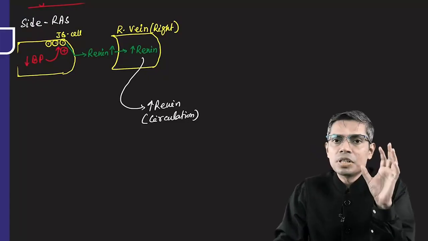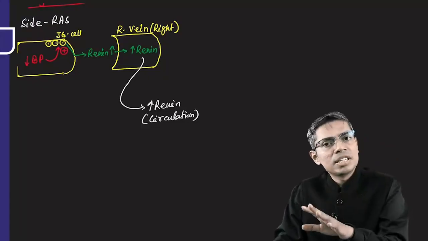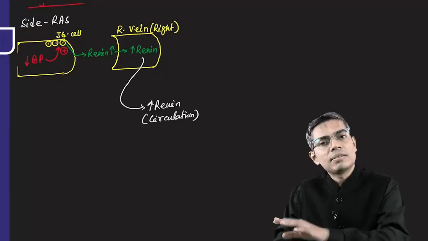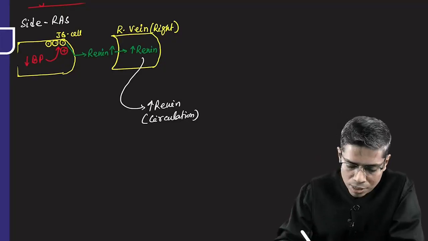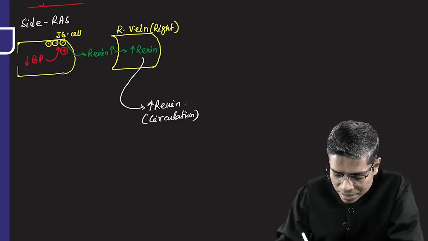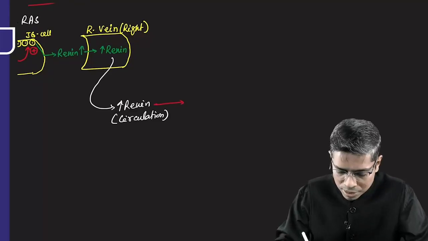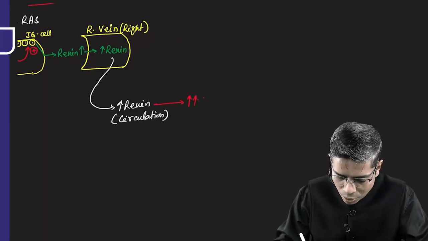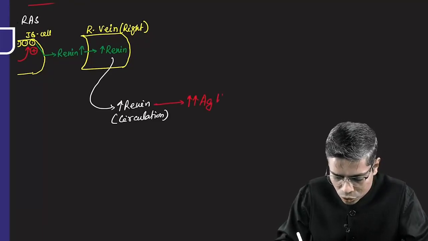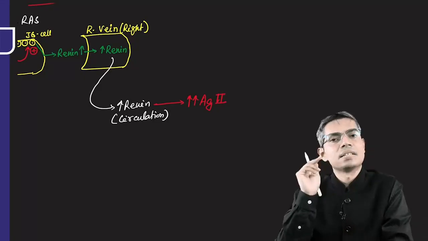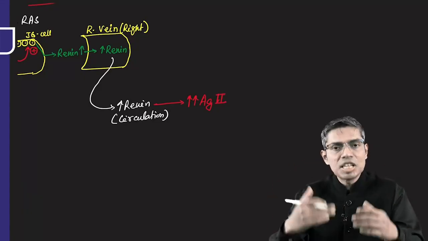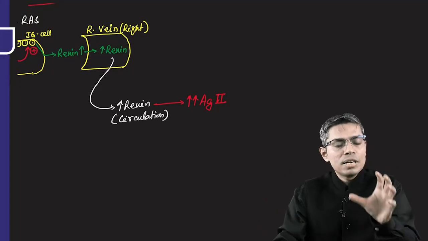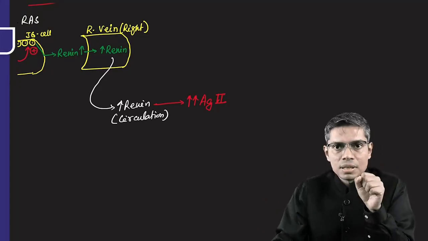It will act on angiotensinogen, which will be converted into angiotensin 1, and then further converted into angiotensin 2, right? So whenever there is an increase in renin, it leads to increased production of angiotensin 2.